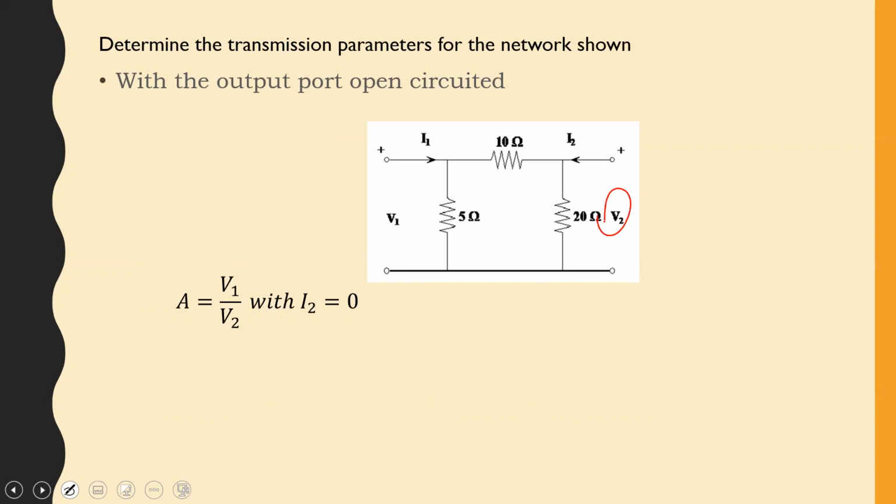So of course that is open circuited. And we want the relationship between V1 and V2. V1 would be seen across the 5 ohm. So we are just dividing between 10 and 20. So we have 20 over 30, and then of course we find the inverse. Beautiful. So you see, it's not too bad.